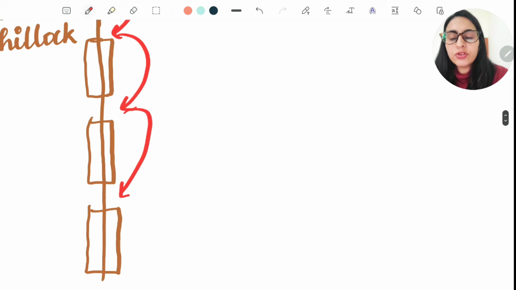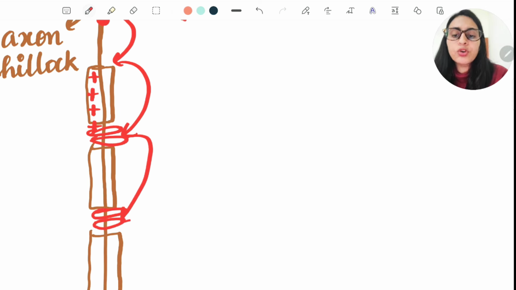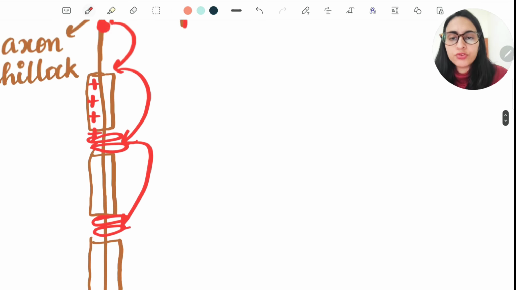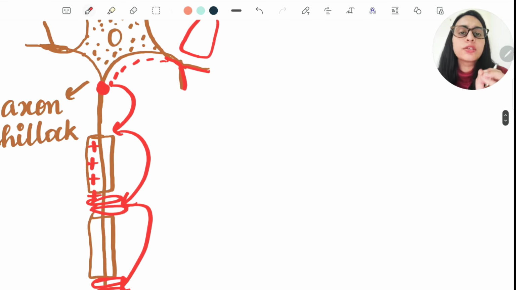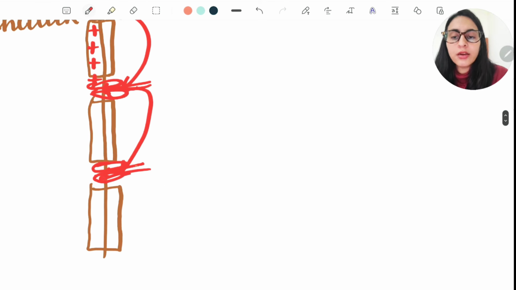So this saltatory conduction is actually just a misnomer. Charges are traveling in a straight line only. But because the sodium pumps are present more concentrated at the nodes of Ranvier, a lot of sodium comes in, and that is why there is a rise in the action potential, and that is why we get more positive here.